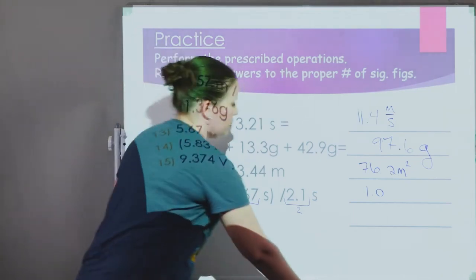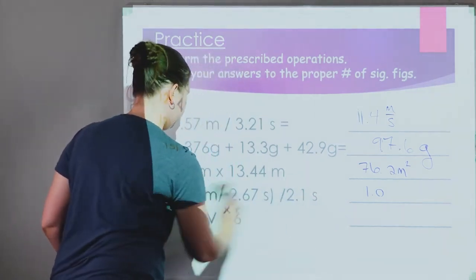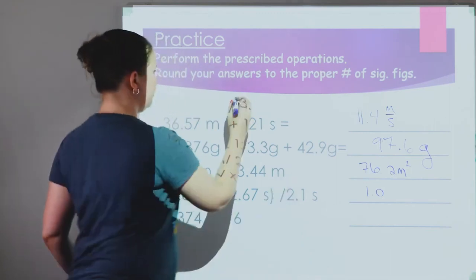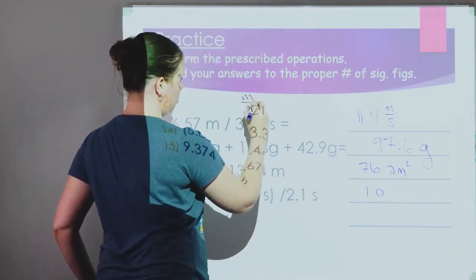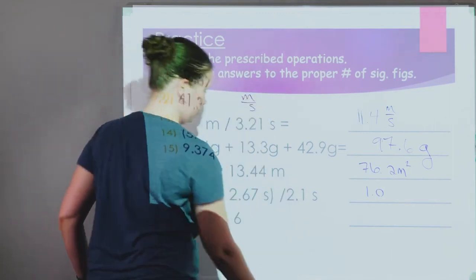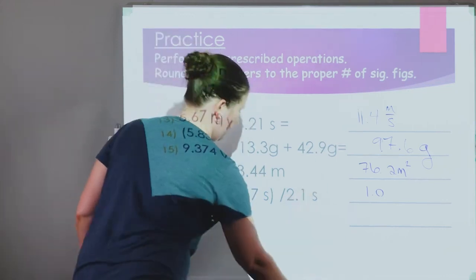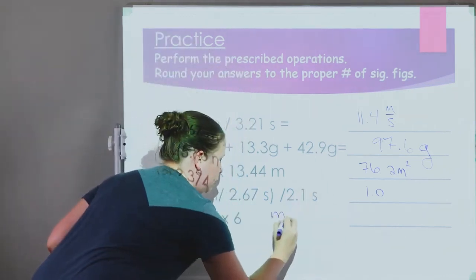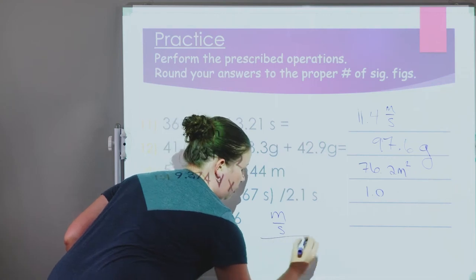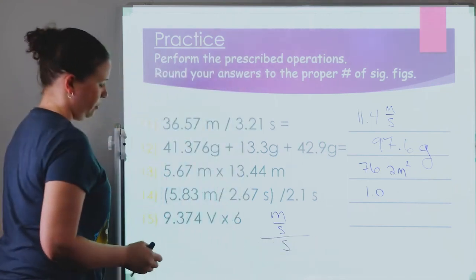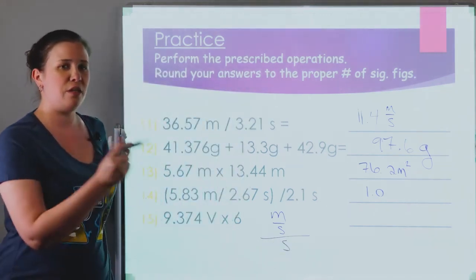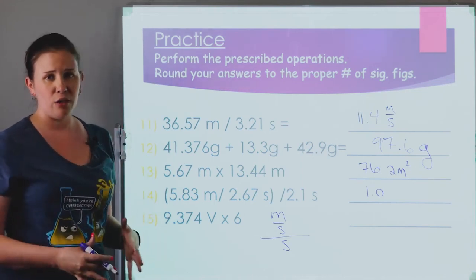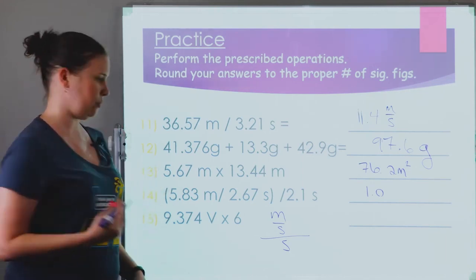Now, the units on this one can be a little bit tricky. So I have meters per second. Let's try down here. Meters per second divided by another second. So whenever you have a fraction in a fraction, to solve that, you actually need to use something called the reciprocal.